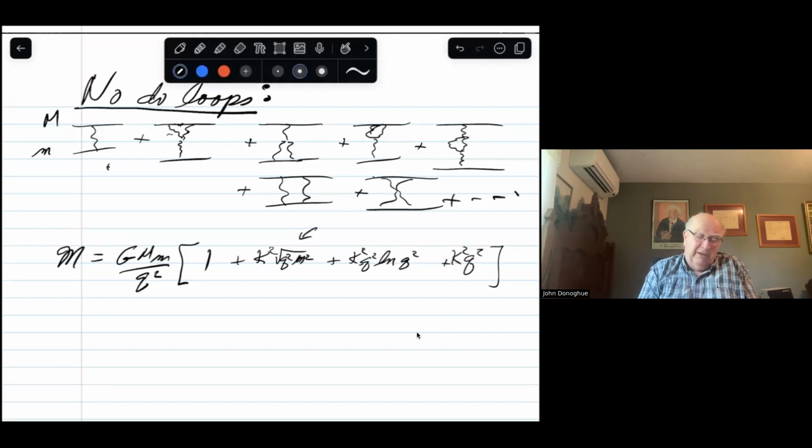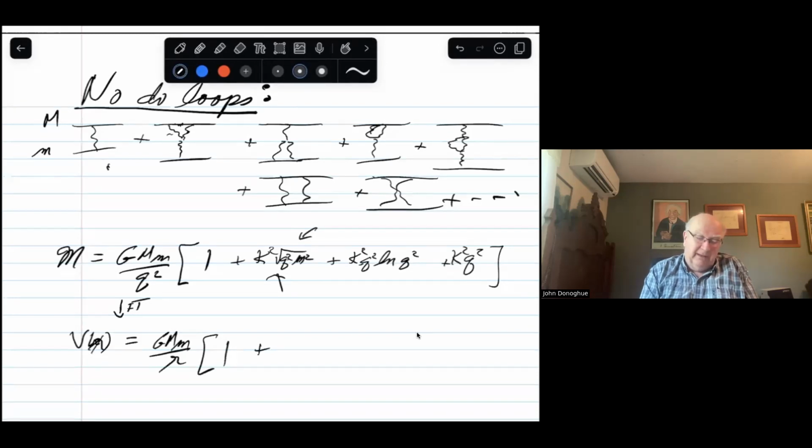If you Fourier transform this, taking the non-relativistic limit, Fourier transforming gives V of R, the G M m over R piece, which I get from the 1. This guy, if I take the Fourier transform of it, goes like 1 over the square root of q squared, because there's a square root upstairs and 1 over q squared downstairs.